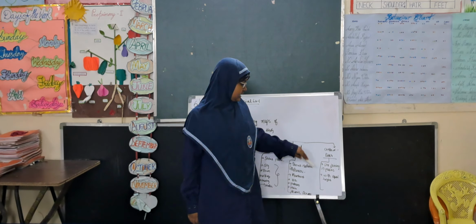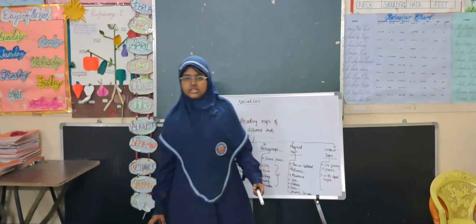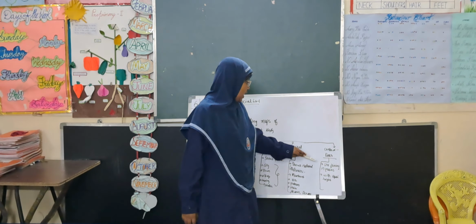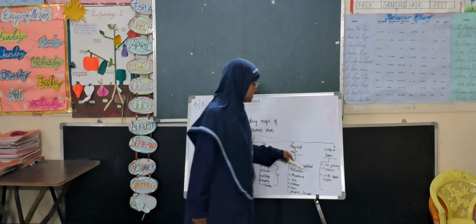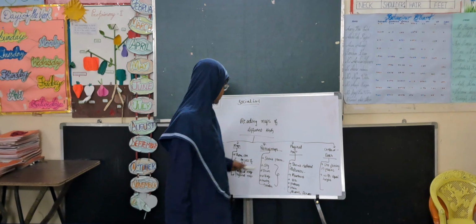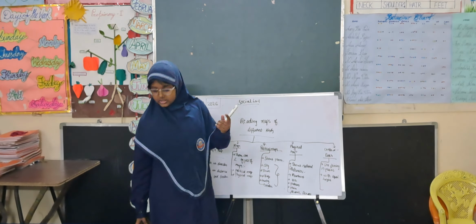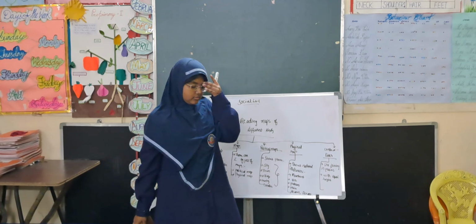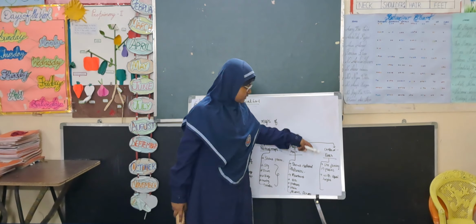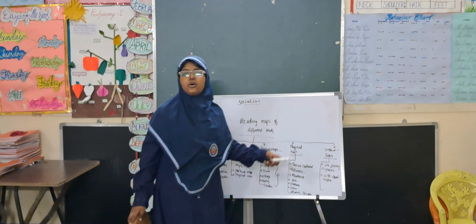So it is a line joining places with equal heights. So we can understand what contour lines are, what the physical lines are, and other things. After the contour lines, now we are going to learn about the compass.